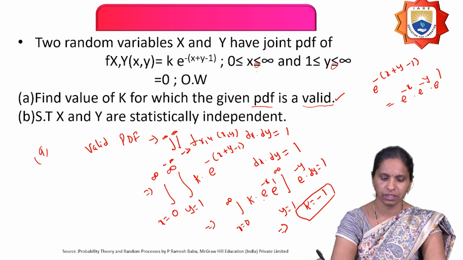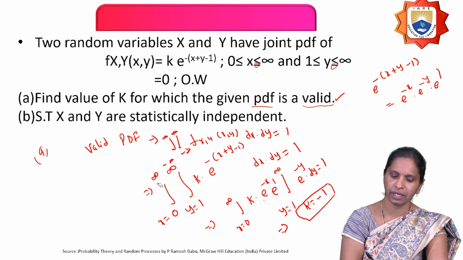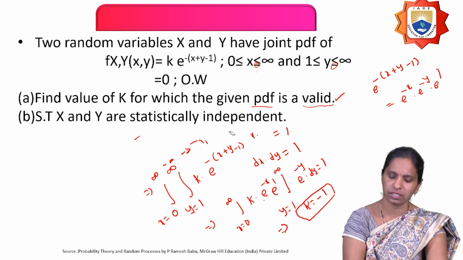And the second part, what do you have here? Show that x and y are statistically independent random variables. Now, what is the condition for statistically independent random variables?